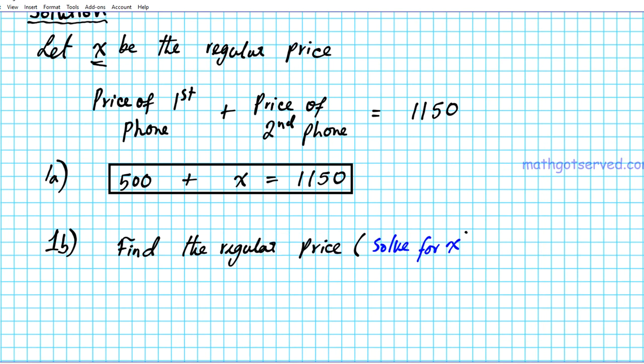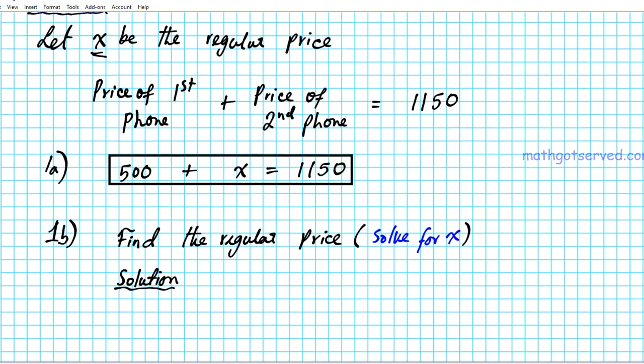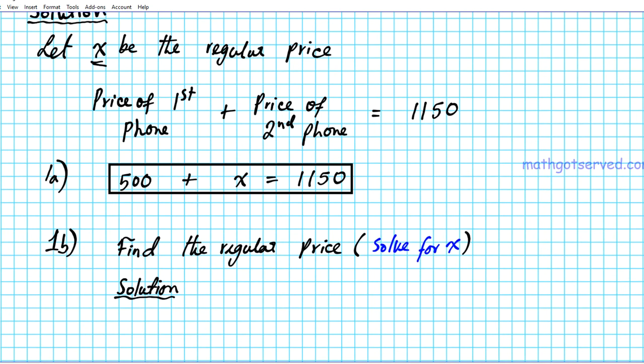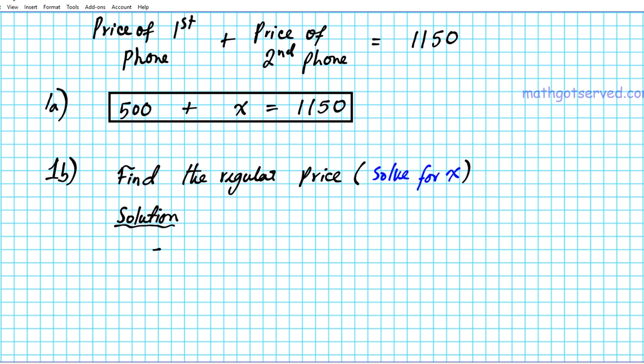So let's go ahead and do that. We're going to start with the equation that we derived in part A of this problem, which is 500 plus x equals 1,150. So how do we get x by itself?